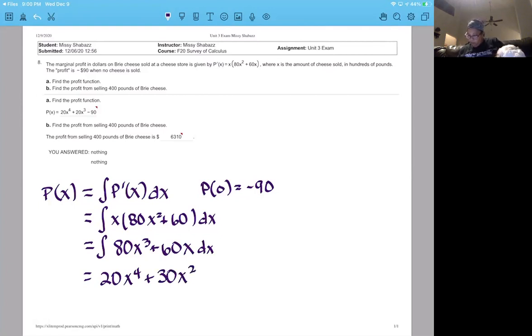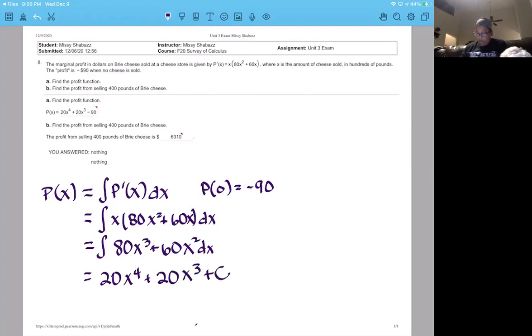Wait a minute, did I write this down right? Oops, this had an x squared, so let's repeat. 60 divided by 3 is going to give me 20x cubed plus a constant.